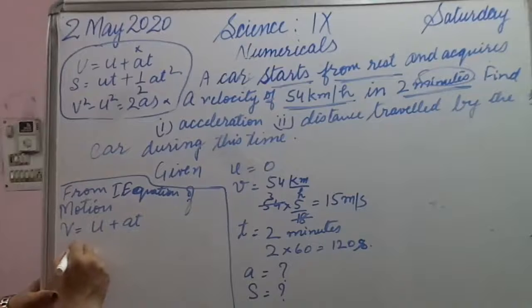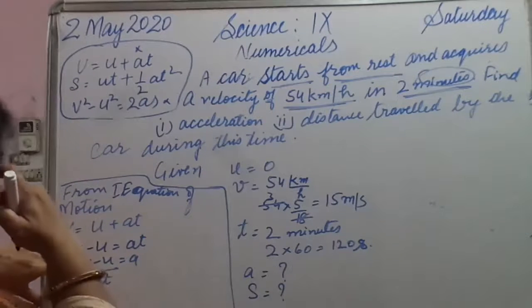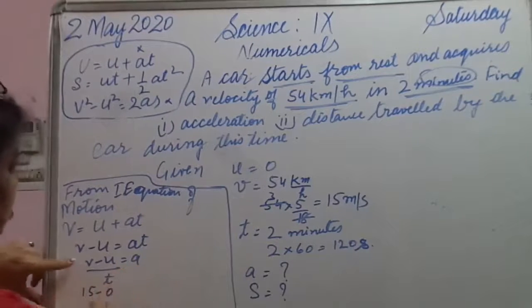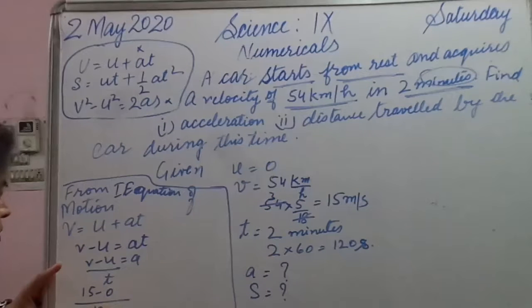So v minus u is equal to at, or a is equal to v minus u upon t. Put the values. What is v? v is 15 minus 0 upon time, which is 120, is equal to 15 upon 120.